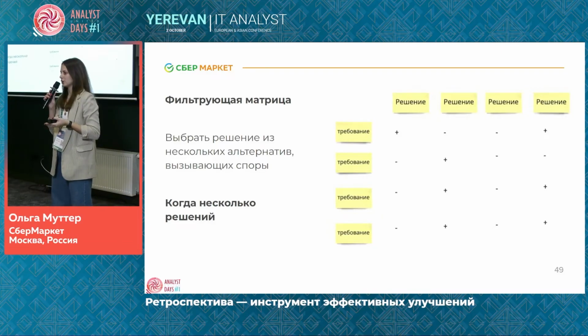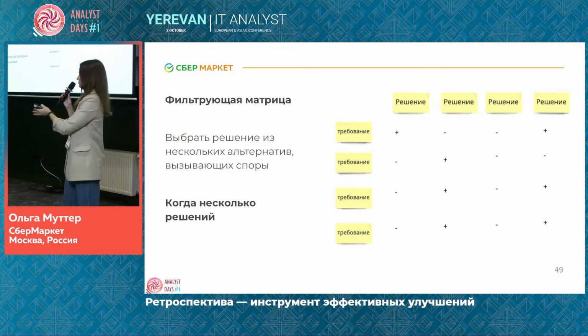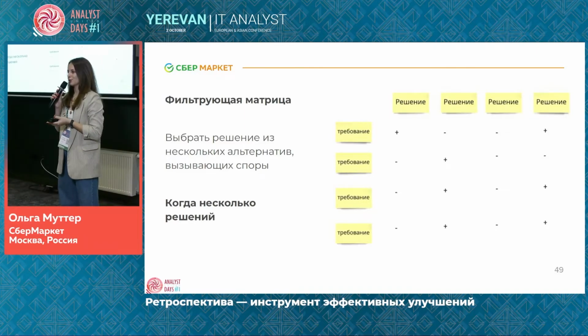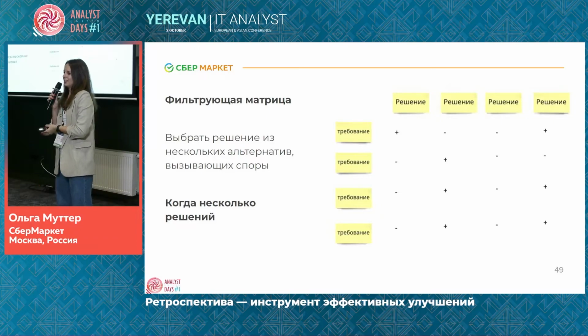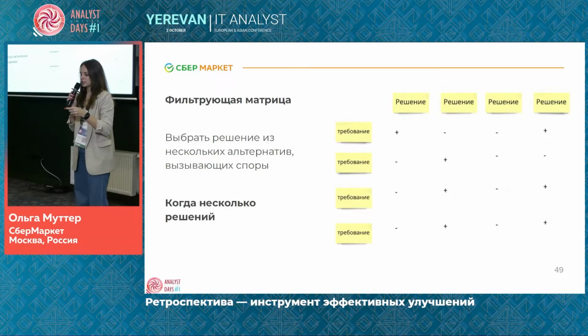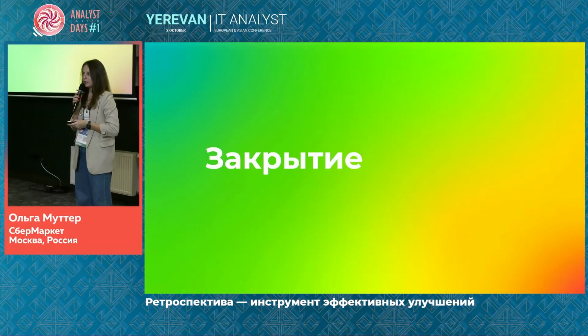Some solutions will get more pluses or positive ticks, and then you implement this. If solutions receive equal scores, then you might try one, then the second one, and during the next retrospective, you decide what solution to leave.